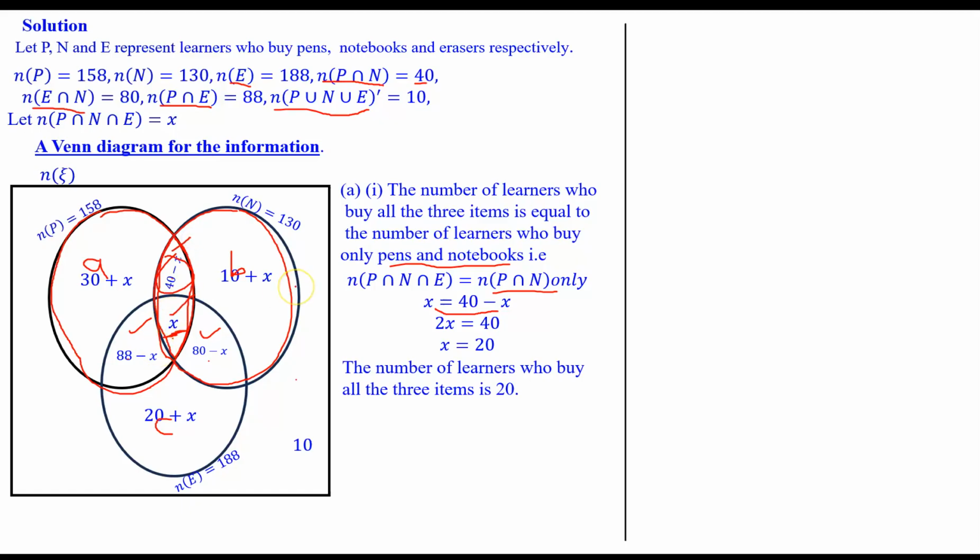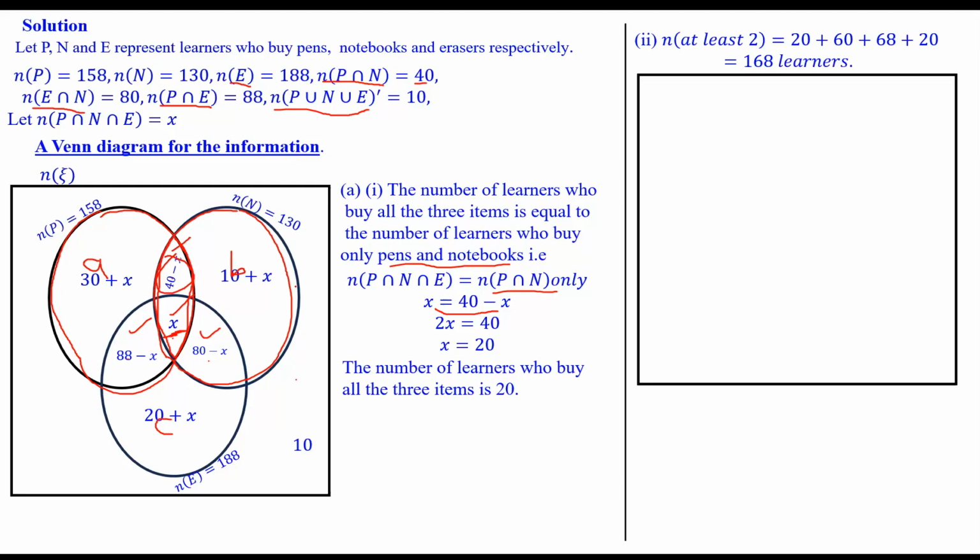So we are going to get x, which is 20, plus 80 minus x here, which is 60, plus 88 minus x, which is 68, plus 40 minus x, which is 20. So when you add, you get 168 learners. So 168 learners buy at least 2 items.